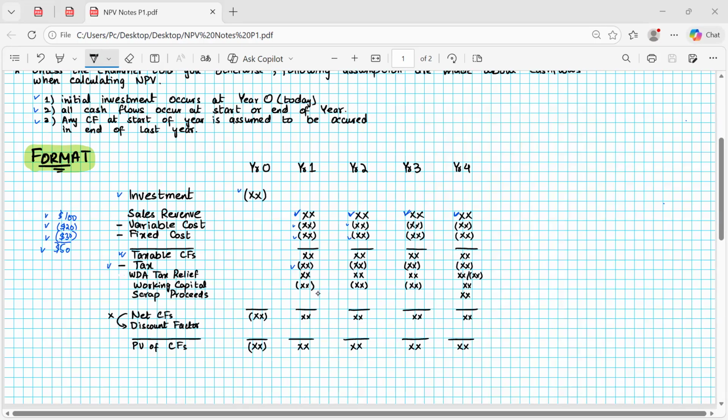And because it's a relief, you can see that I have written it not in the bracket, which means it's a positive cash flow for year one, year two, year three. But in year four, this relief can be either positive or negative as well. You can see here, I have written both the situations. We will discuss how it works, but for now, you just need to understand that it is some kind of tax relief that you are getting. Now, how will it work?